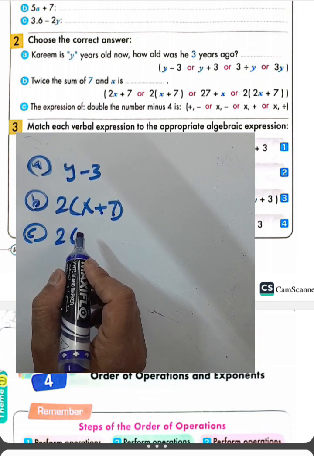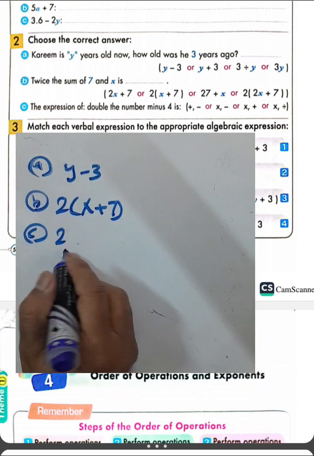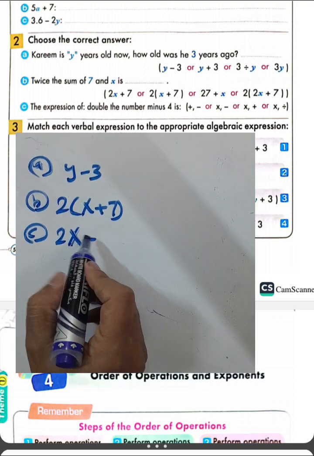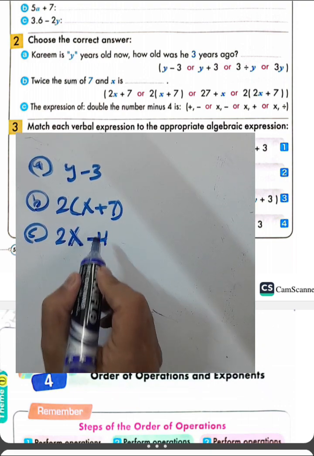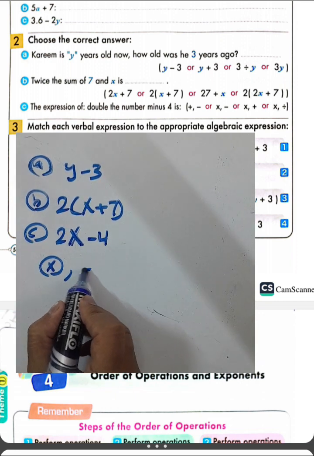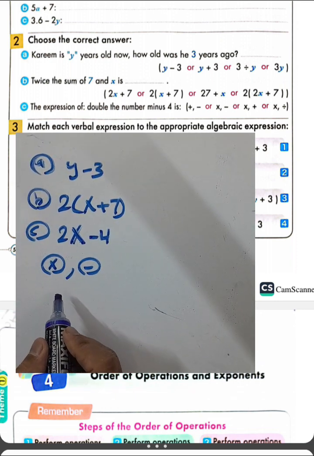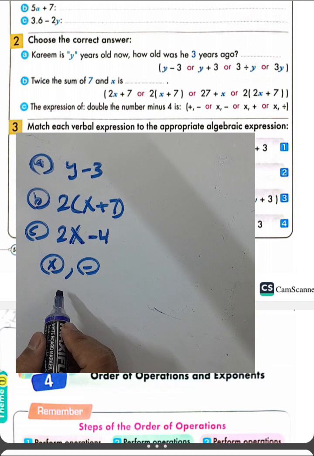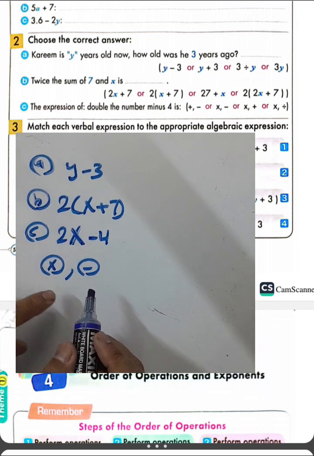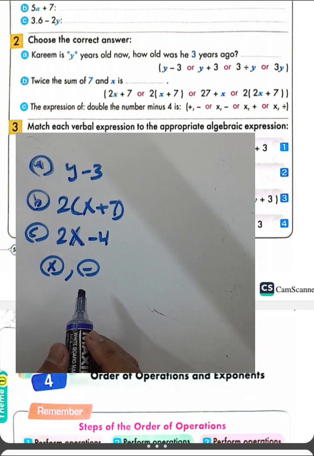Double the number minus 4. Let the number be x, so x times 2 minus 4. The first operation is the product and then subtract. We must use multiplication and then subtraction. Okay, choose multiplication and subtraction.